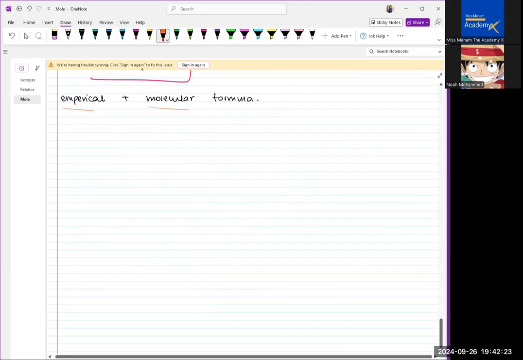The difference between both of these is very stark. For example, I have a molecule, C2H4O2. This is the formula for ethanoic acid.